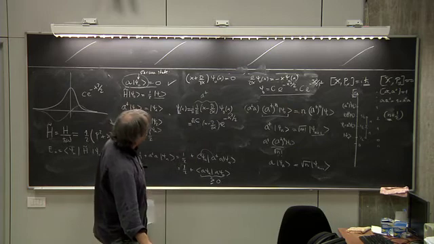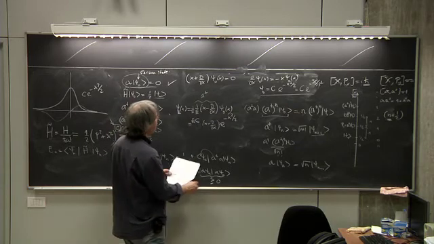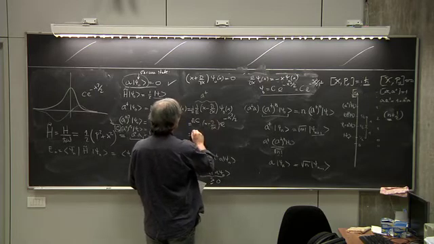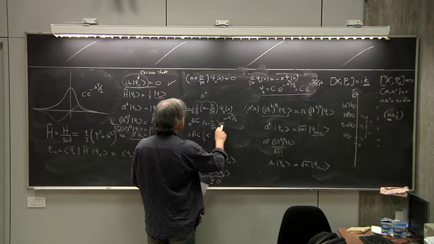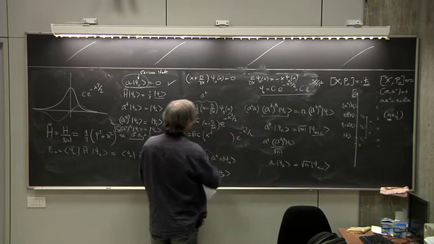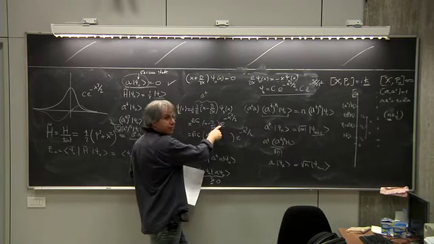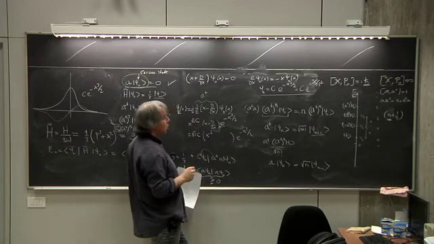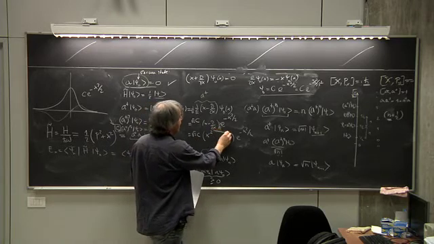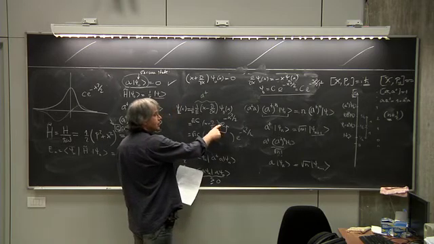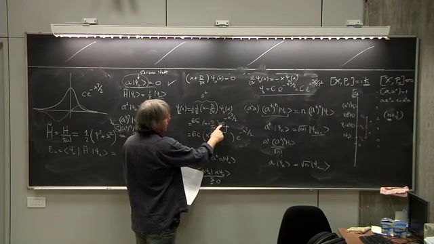Okay? So I have several possibilities. Well, x gives me x squared, so this is square root of 2 times x squared e to the minus x squared over 2. When I take the derivative, I have two possibilities: the derivative acting on x or the derivative acting on the exponential. If I act on x, I get what? Minus 1.